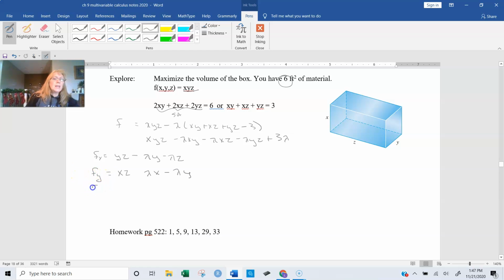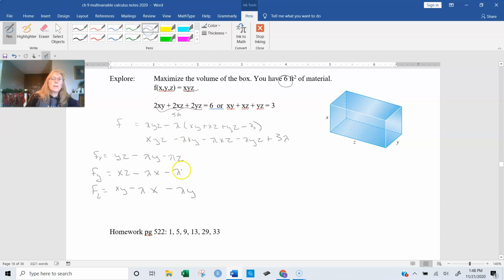And then f of z equals xy minus lambda x minus lambda y. Oh, I did this last one wrong. That's minus lambda z. Come on, there it goes.